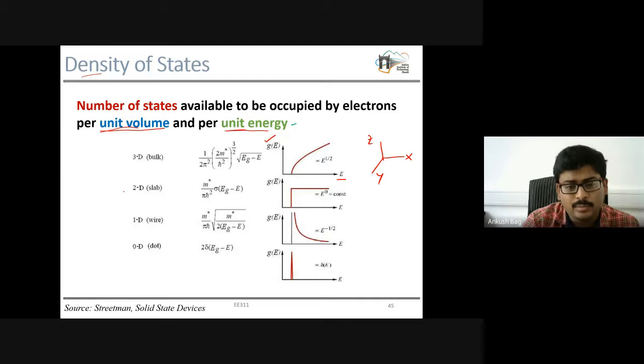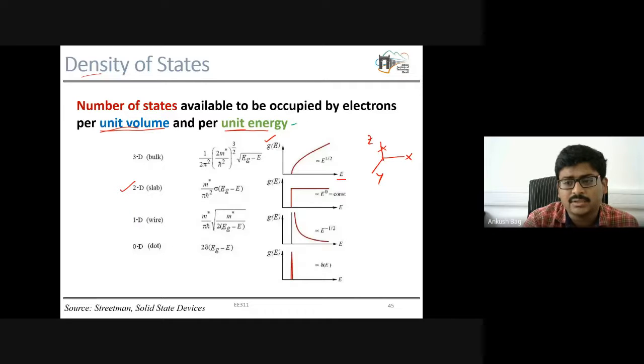But there are a few emerging semiconductors, like 2D materials, which have many applications. For example, MoS2, molybdenum disulfide, or tungsten disulfide. There are a lot of these transition metal disulfide materials, which have two dimensions. The Z direction is absent in this type of 2D semiconductor.